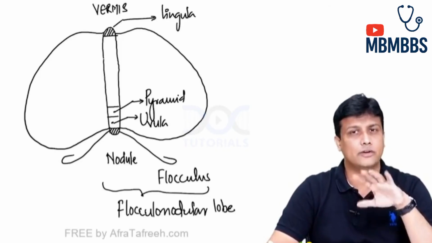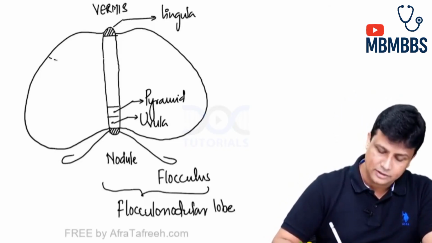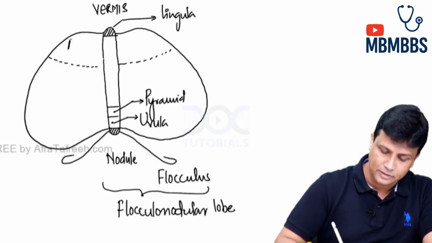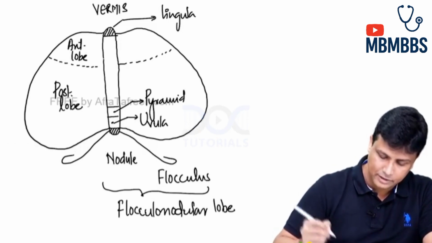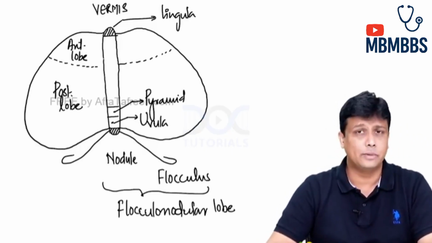Whatever has been mentioned here, try to remember them. Then apart from that, what about the cerebellar hemispheres here? The cerebellar hemispheres are divided into a small anterior lobe, and then there will be a big posterior lobe here, guys. Perfect. This is what you have to remember.